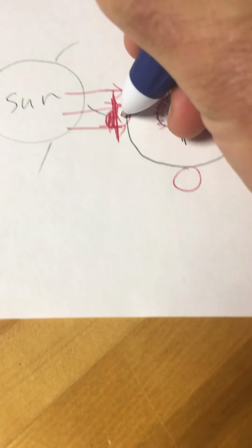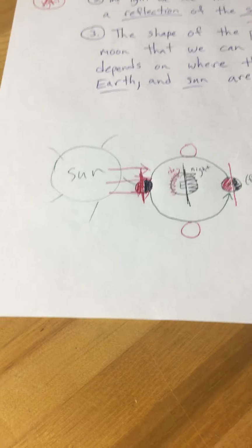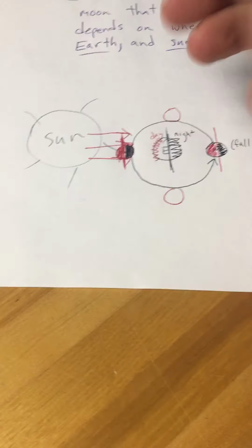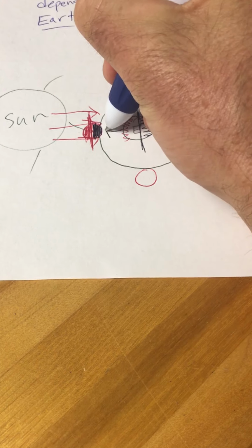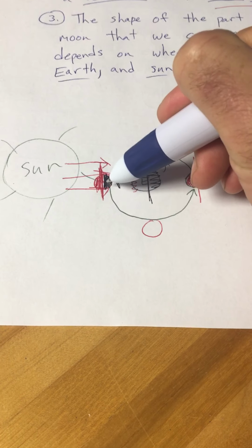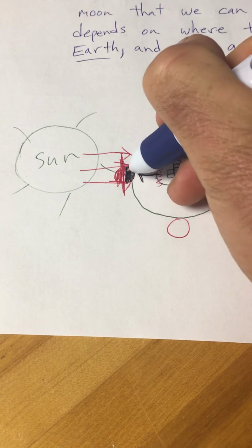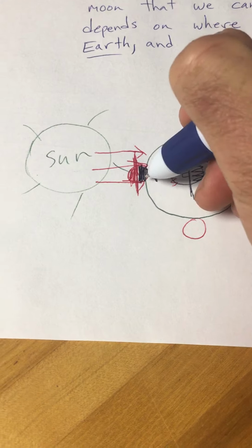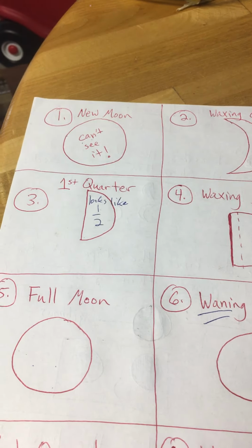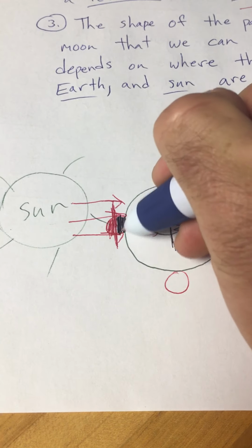And this side of the moon, closest to Earth, is in complete darkness of the shadow. So we're looking from the Earth at the moon. Look at what we see. We see nothing because the sun is shining on this side and there's complete darkness on the side that's facing us. So when we look out, that is a new moon. It's there, it's up there in the sky. You can't see it because what we see is actually a shadow.